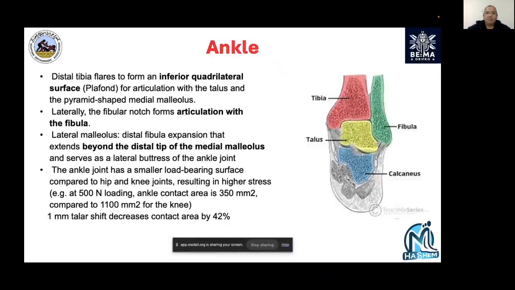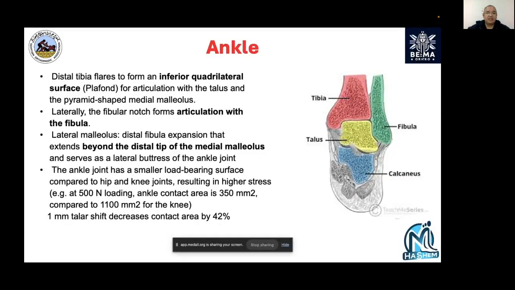Then the fibula comes and sits inside the notch, the fibular notch in the tibia, and makes what we call the incisura, and makes the syndesmosis, the articulation between the tibia and fibula. The points in bold: you need to understand that the distal tip of the lateral malleolus is beyond the medial malleolus, so the ankle is not at the same level.